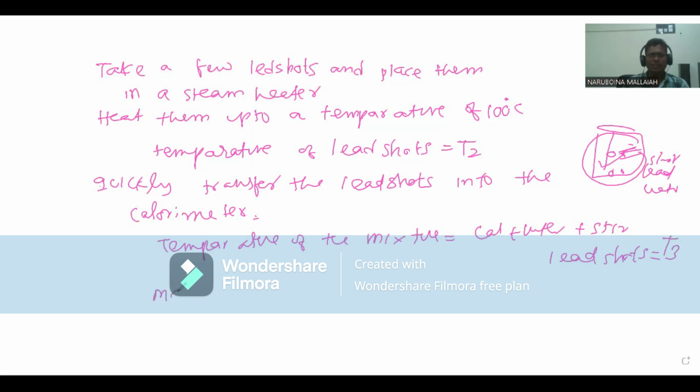Now the mass of the lead shots. To understand this, see here. Calorimeter with stirrer, that is M1.